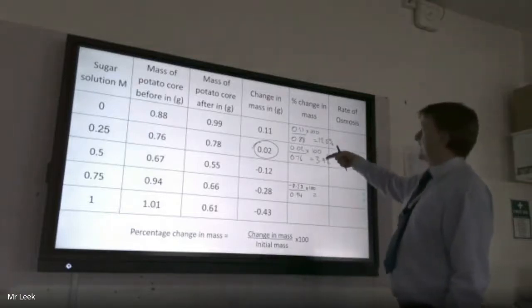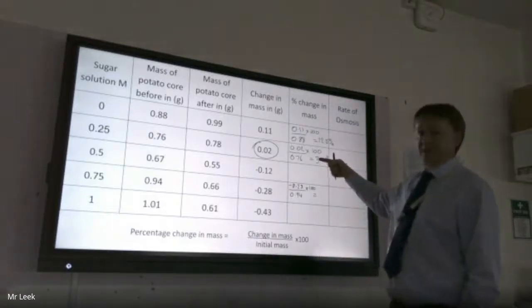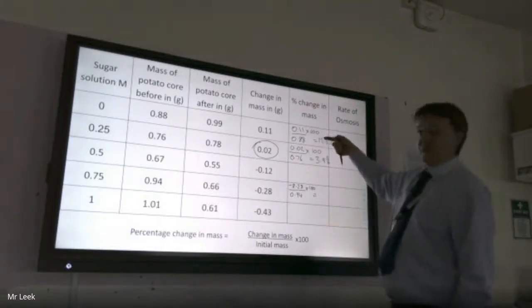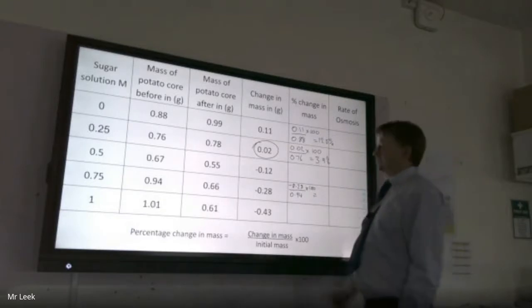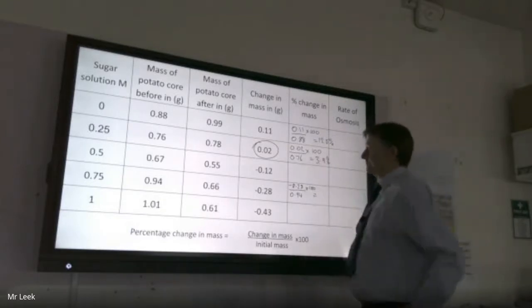Basically what that means is the mass has gone up by 3.9%. You can see the first one, the 12.5%, has gone up a little bit bigger. Mohammed, what's the sum for the third one down, please?